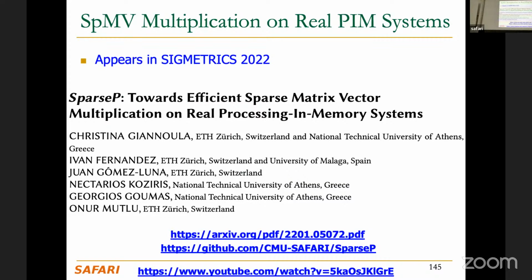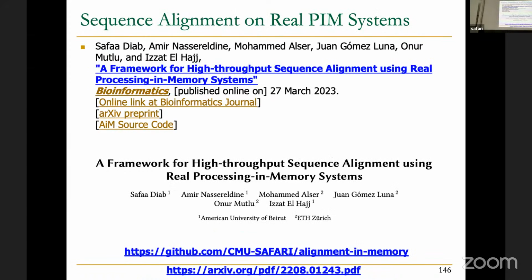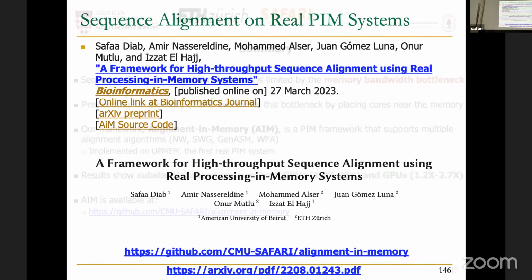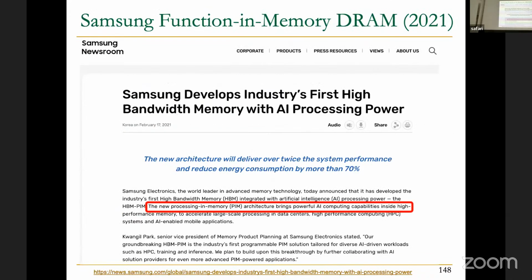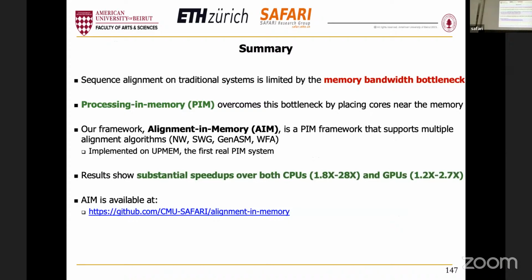We also looked at how we can accelerate sparse matrix vector multiplication on those systems, and also sequence alignment. I think I'm missing here the other work that we did on programmability of the systems, and also on transcendental functions implemented inside this memory device itself.